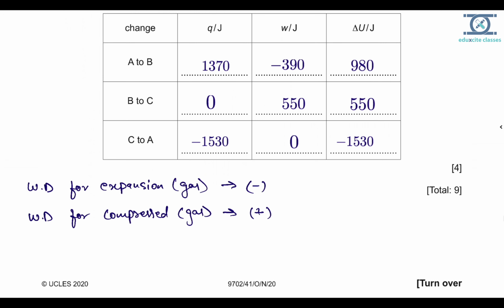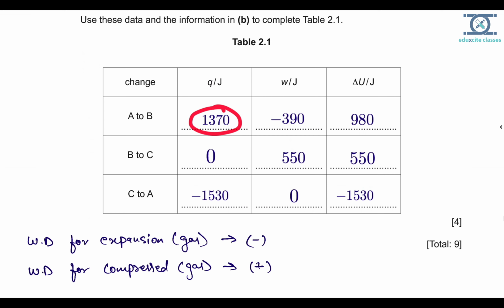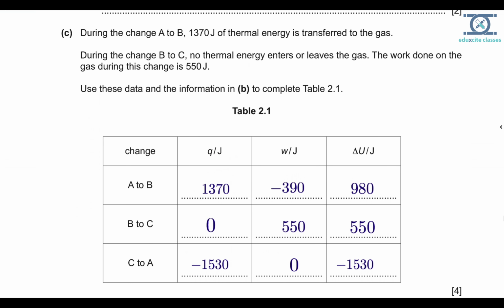Similarly, you can see here from A to B, it is given in the question that it is 1070 joule. So we have taken 1070 joule. Work done, as it is expanding, I have taken with a negative sign, so minus 390.